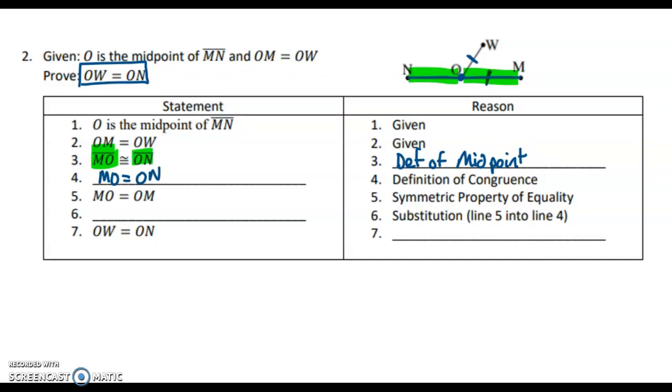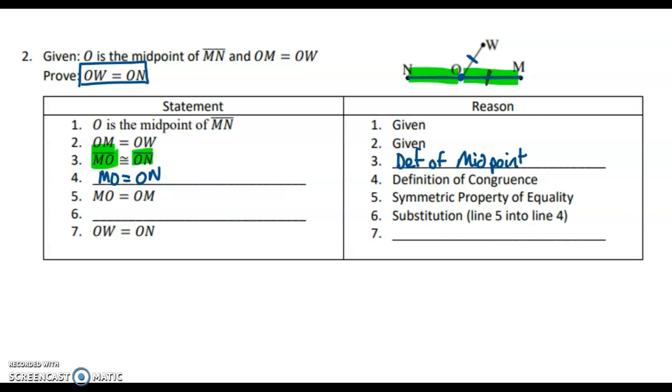I didn't change anything except I went from congruent to equals, and that is what the definition of congruence lets us do. Now the symmetric property just lets us say MO, which is right here, is the same as OM. It's exactly the same space, just the order of the letters is reversed. That's the symmetric property. They stated that because I think we'll get to switch it out in just a minute.